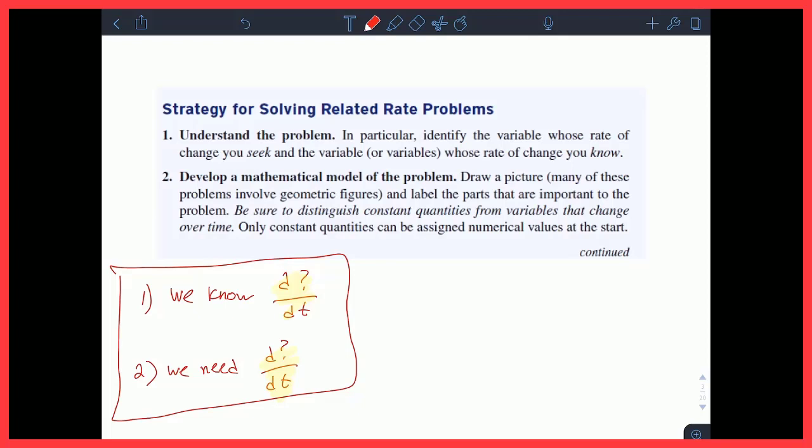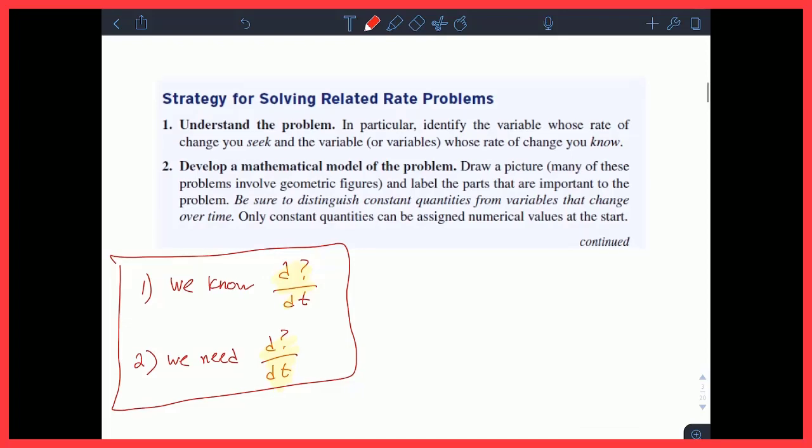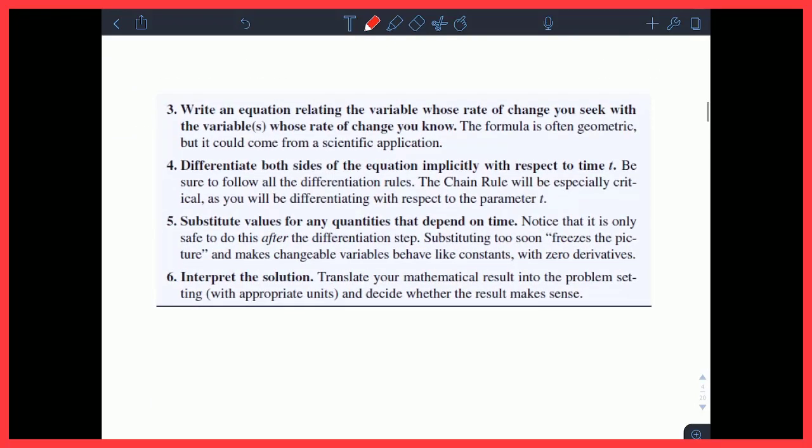Number two, develop a mathematical model: draw a picture, and try to understand what constants are in the problem and what things are changing over time. Number three, create your equation, usually a geometric equation that relates the two rates. Number four, differentiate both sides implicitly with respect to time. Number five, substitute any values that depended on time. Be careful, this step is a little tricky. Be careful not to plug things in too soon.